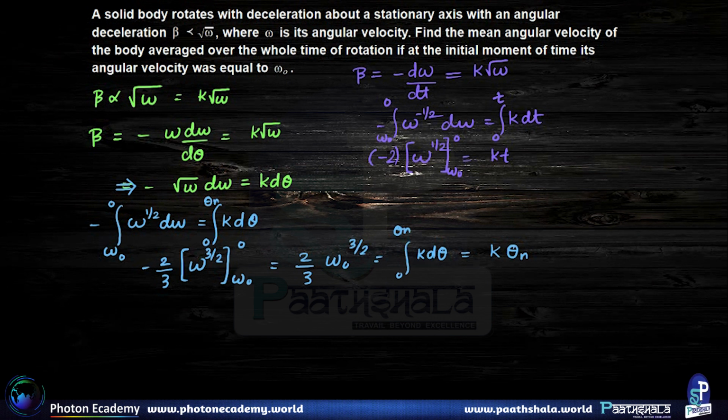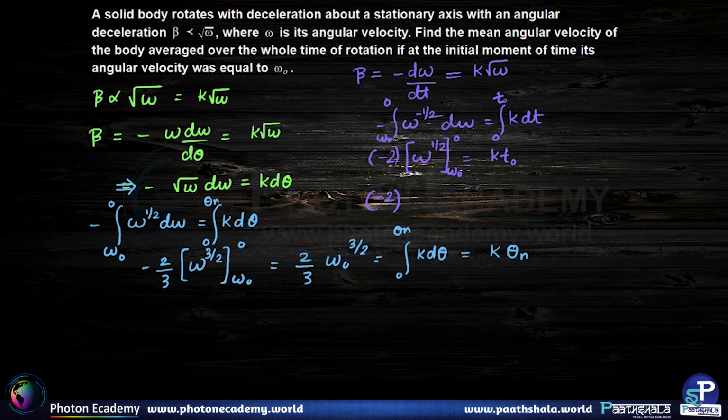If the integration is in dt, then the limit is not supposed to be like this. So let us say it takes a total time of t naught to stop. So here we get t naught. I am skipping a few mathematical details, and I encourage the student to be complete in mathematical details in their mind or on paper. Here we get minus 2 into root of 0, which is 0, minus root of omega naught, so it is omega naught raised to half with a negative sign.